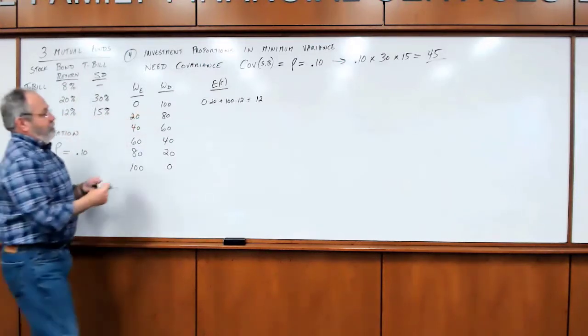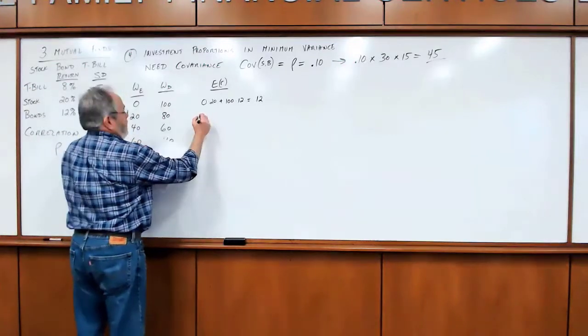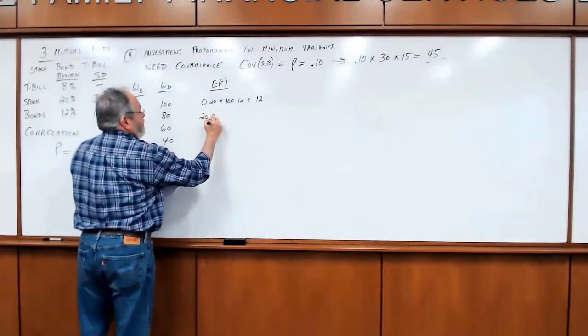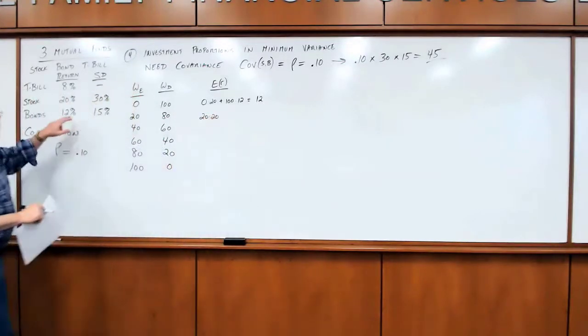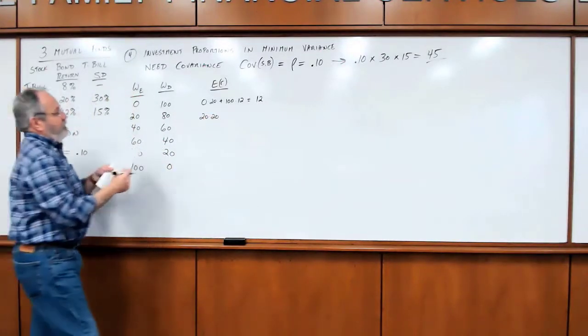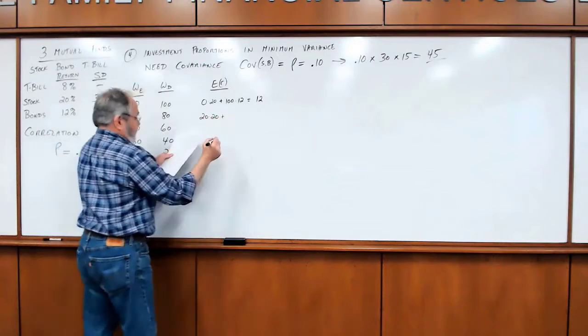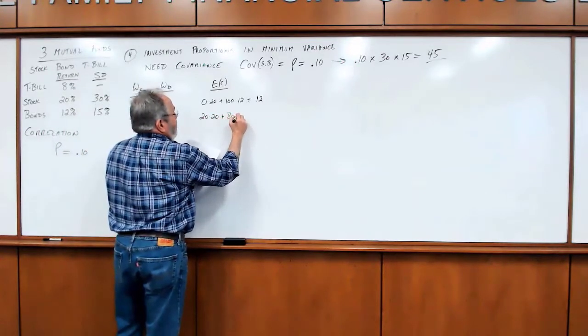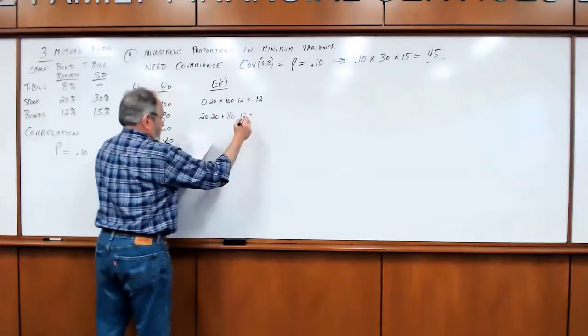Earning 12%. Here, 20% of your money times a 20% return in the equity fund, plus 80% times 12.